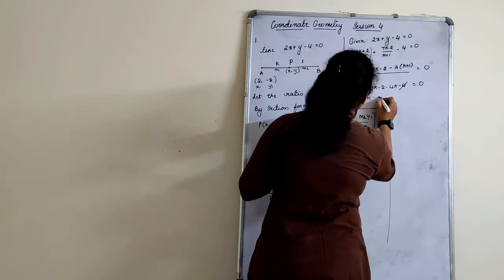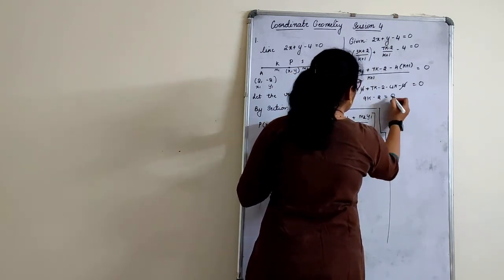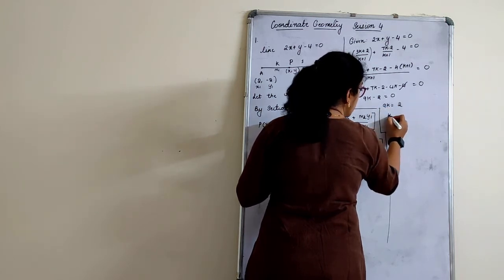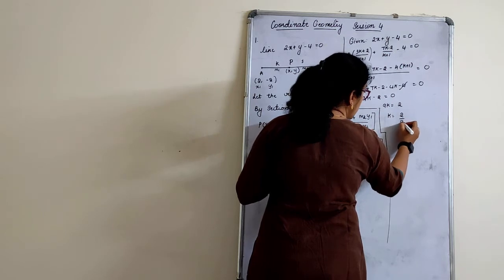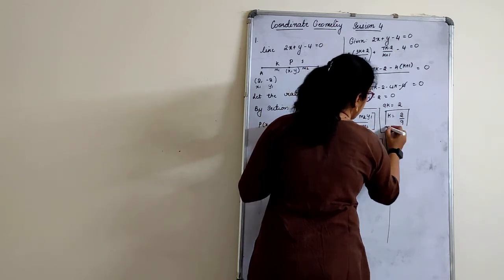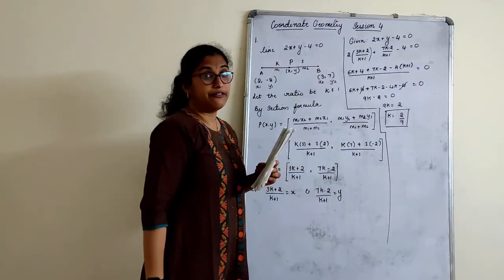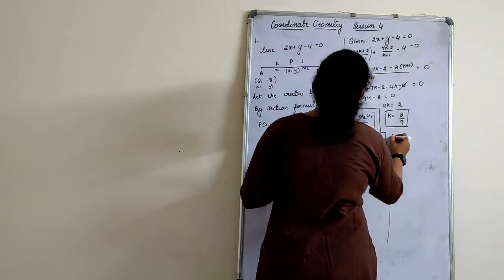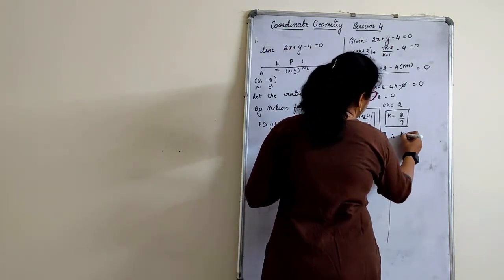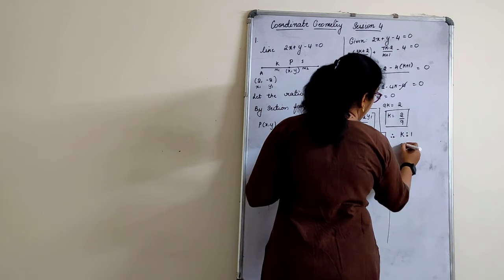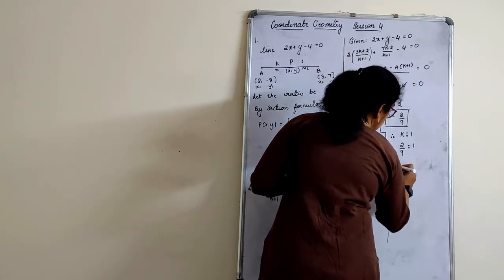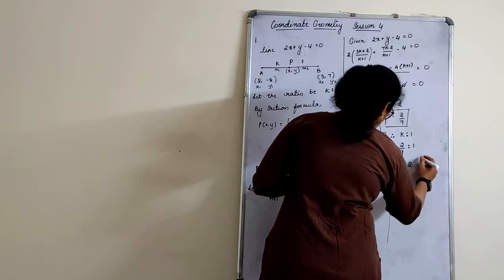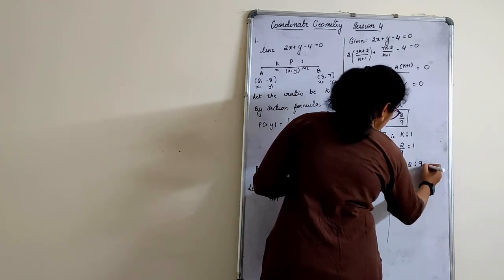So, 9k minus 2 is equal to 0. 9k is equal to 2. k is equal to 2 by 9. k value I found out. Therefore, the ratio is k is to 1, that is 2 by 9 is to 1. This implies the ratio is 2 is to 9.